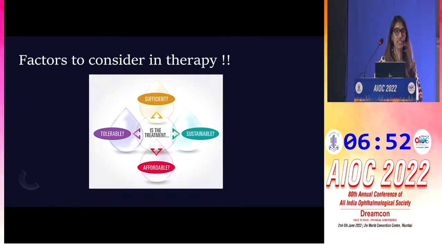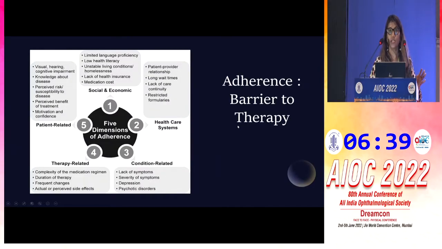Now, we have to consider certain factors in any kind of treatment. Is the therapy sufficient? Is it sustainable? Is it tolerable? And is it affordable? When we think of medical management, the most important barrier to therapy is adherence. And the factors may be multifactorial.